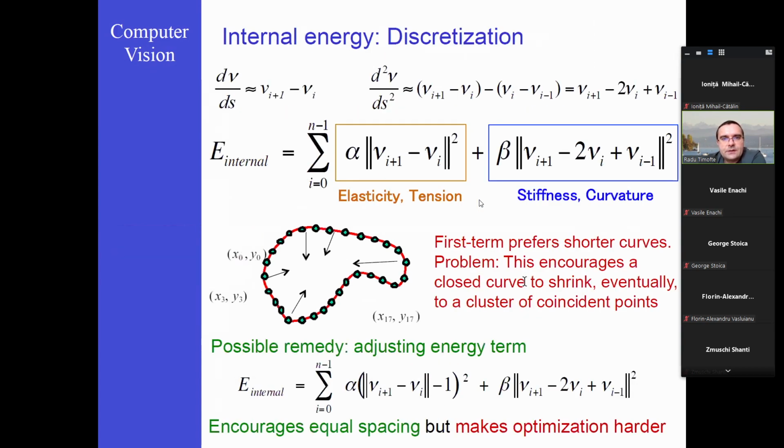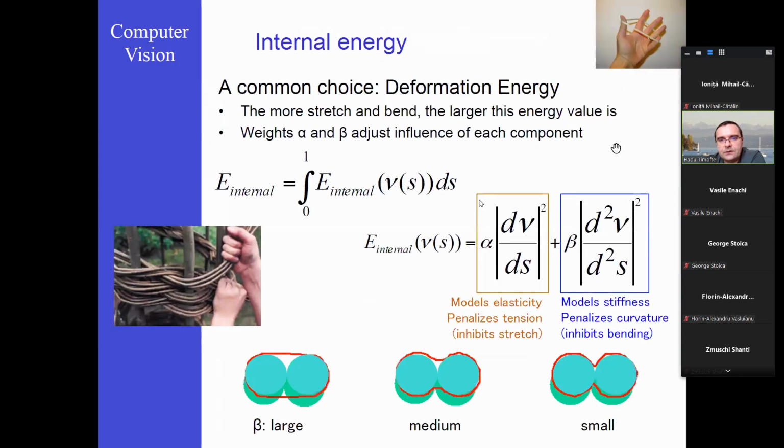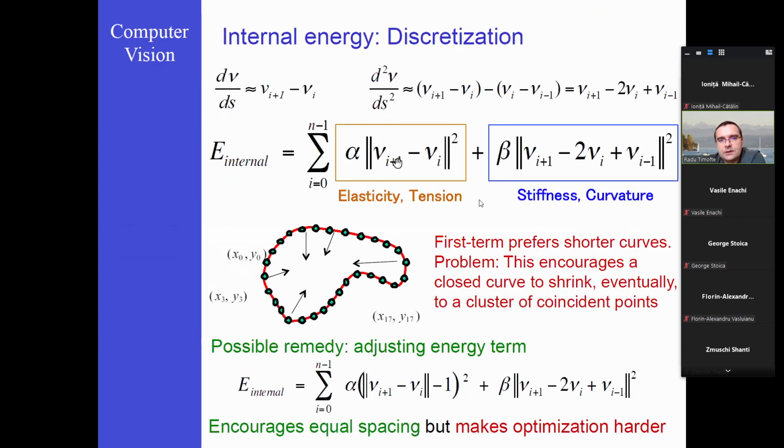This is our internal energy, and typically we combine the stiffness and the elasticity in some relationship, and we define those using formulas that boil down to differences on the image at pixel level between neighboring pixels.